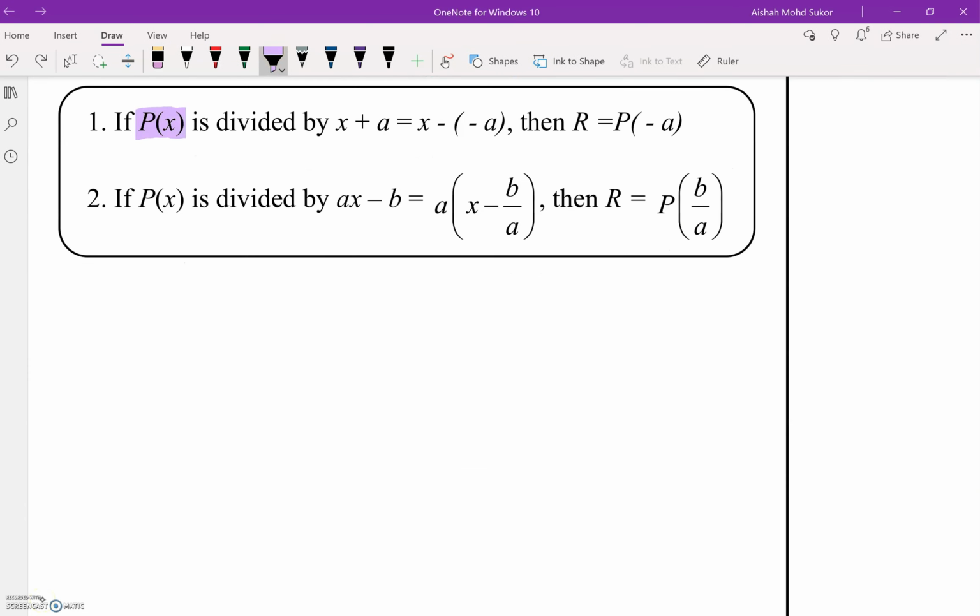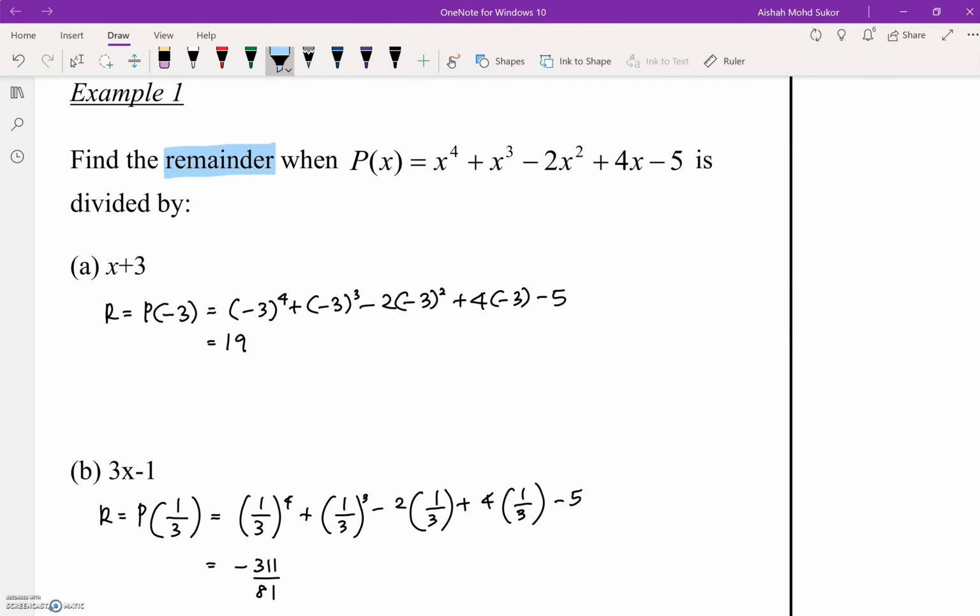If any polynomial p(x) is divided by x plus a, then the remainder will be p(negative a). If any polynomial is divided by ax minus b, then the remainder will be p(b over a).